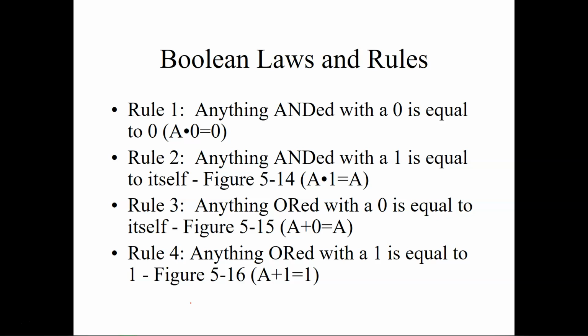So, some Boolean laws and rules. Rule 1: anything ANDed with a 0 is equal to 0. So anytime you deal with an AND gate, a 0 equals 0. Why does this happen? Going back to what AND logic is, what do you have to have to make the signal move through?